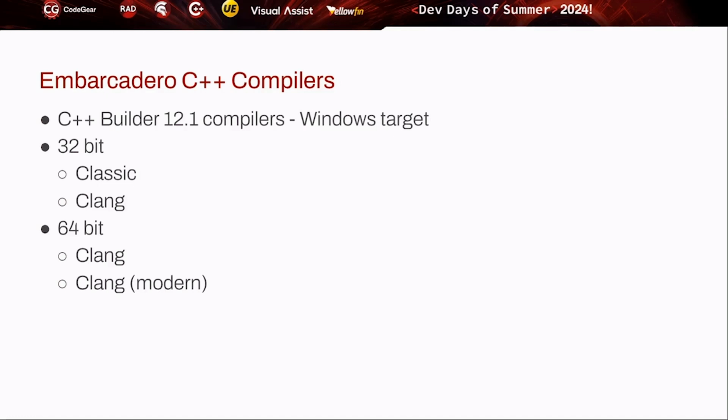An older version, which was the one Embarcadero first introduced for creating C++ 64-bit applications, and a much more recent edition, which they are currently calling Clang Modern, which is based on a modern toolchain compatible with our competitors, Embarcadero's competitors, in many ways, and is the sensible choice for any new 64-bit Clang project.